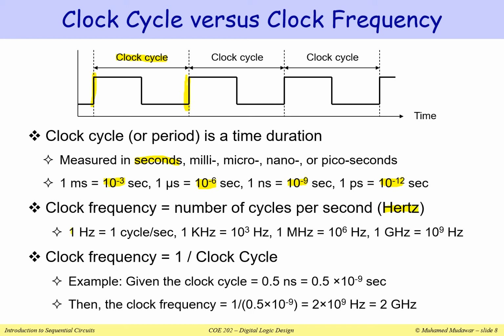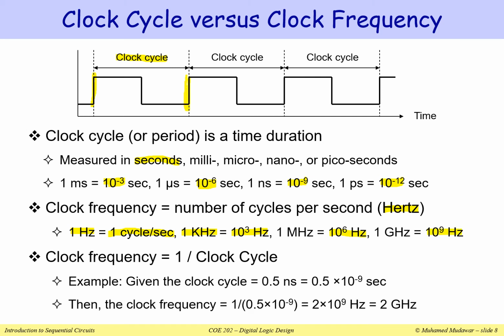So 1 hertz means that you have 1 cycle per second. So if the clock cycle is 1 second, it means that you have 1 cycle in each second. That's the hertz. Now, if the clock cycle is 1 millisecond, then in this case, you will have 1000 cycles per second, and therefore you will have 1000 hertz, and this is called the kilohertz. 1 megahertz means 1 million cycles per second. 1 gigahertz means 1 billion cycles per second.